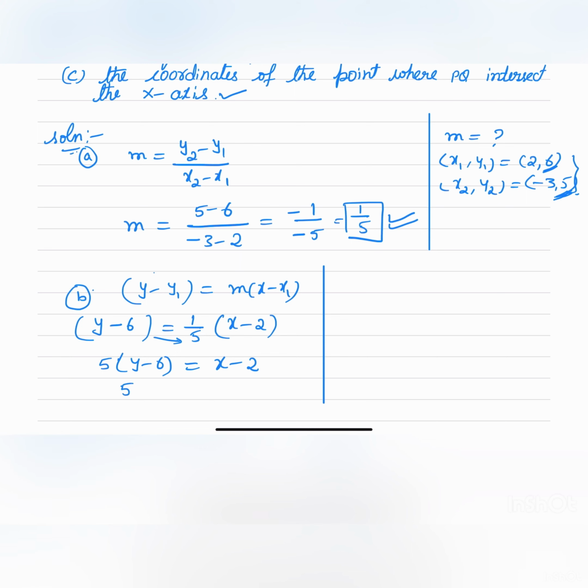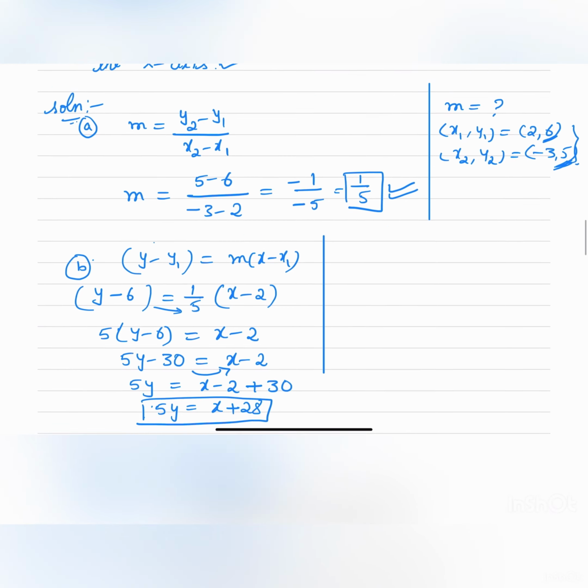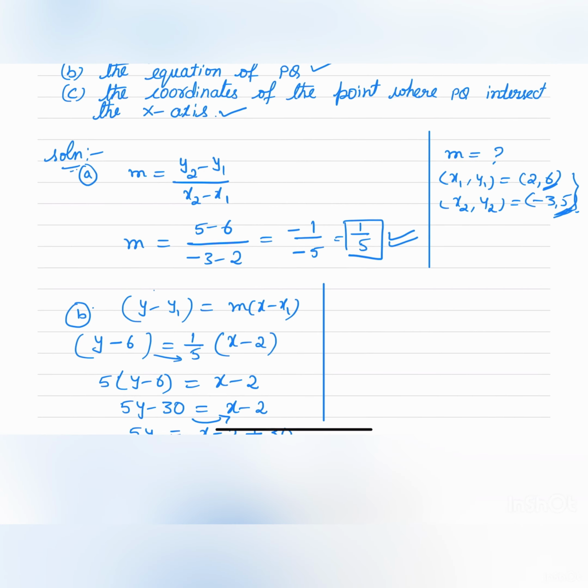So that is 5y minus 30 is equal to x minus 2. And if we simplify further, we will get 5y is equal to x minus 2 plus 30. Transposing minus 30 to the right side, 5y is equal to x plus 28. This is the required equation for the line PQ, whatever they have asked for us.